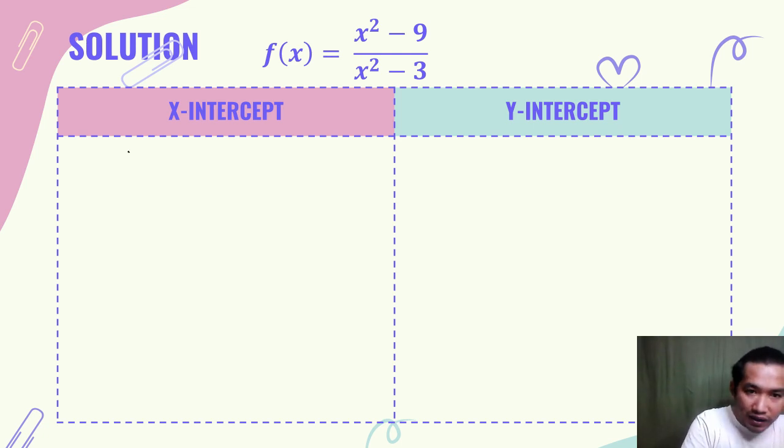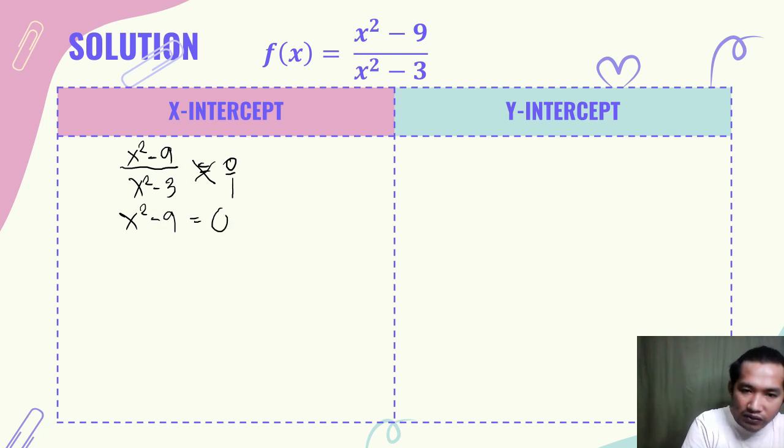And that is (x² - 9)/(x² - 3) = 0. 0 has an imaginary denominator 1. Cross multiply it, we will have x² - 9 multiplied by 1 is x² - 9. x² - 3 multiplied by 0 is 0.